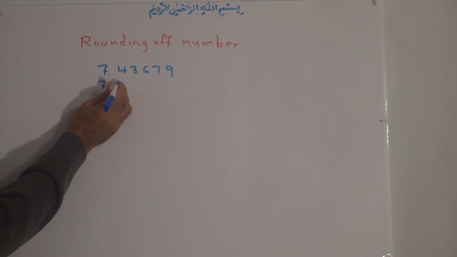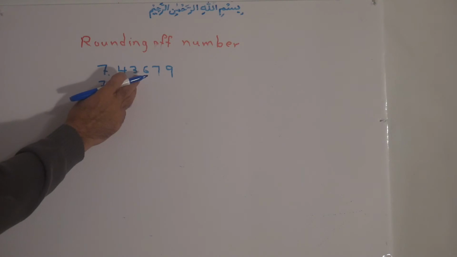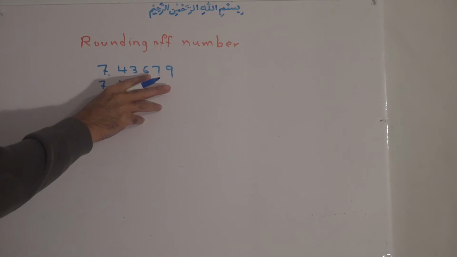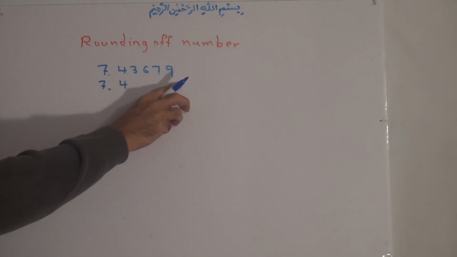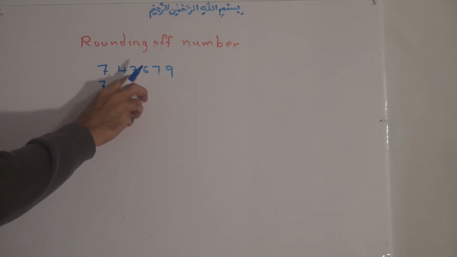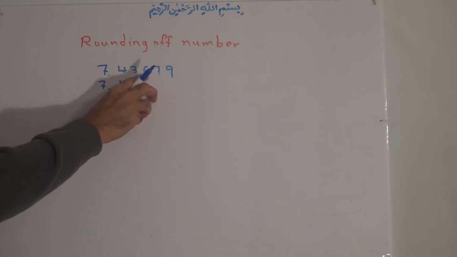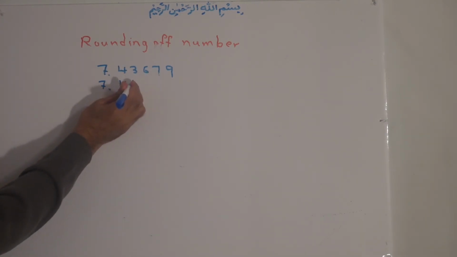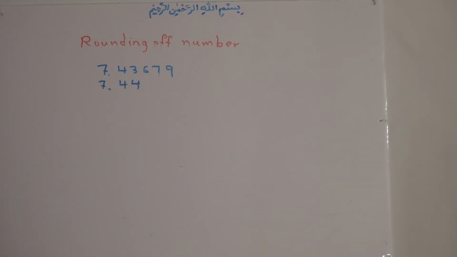We write 7.43, but before we write 3, we look at the next number. If it is more than 5, like 6, 7, 8, 9, we omit all the other numbers and just add 1 to this number. Because this is 6, which is more than 5, we make the 3 into 4. So 7.44.